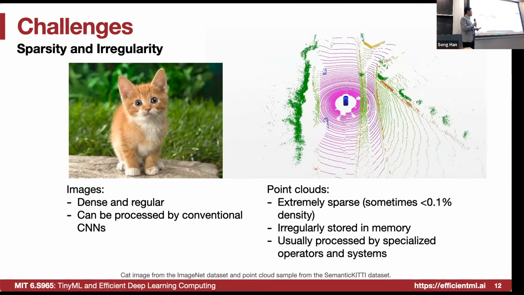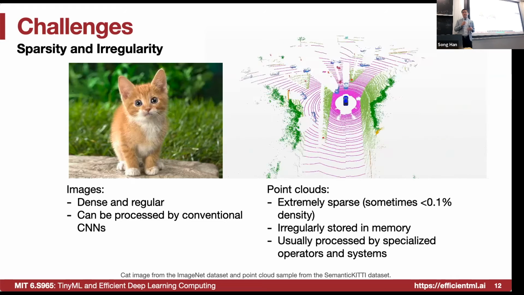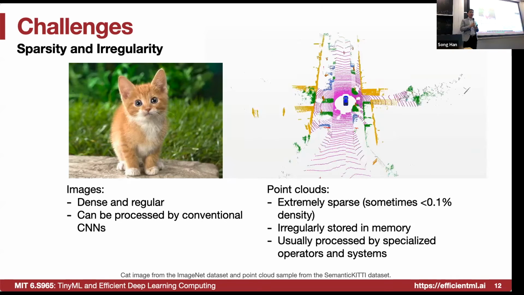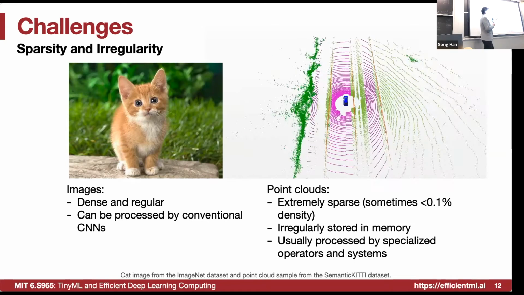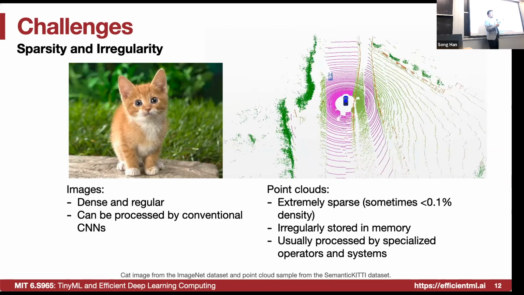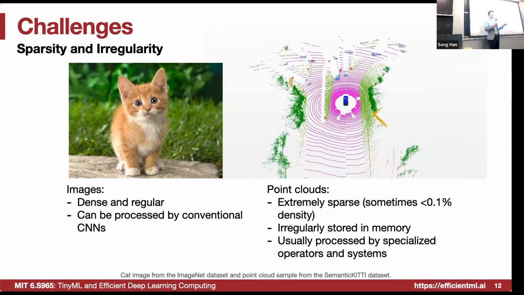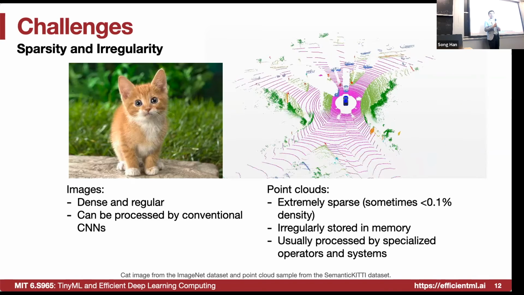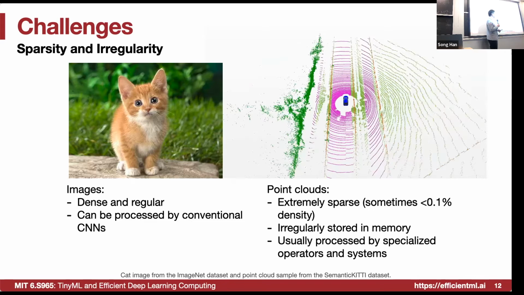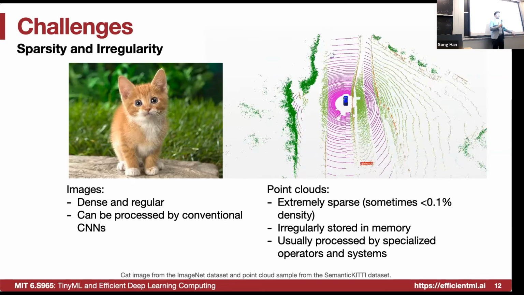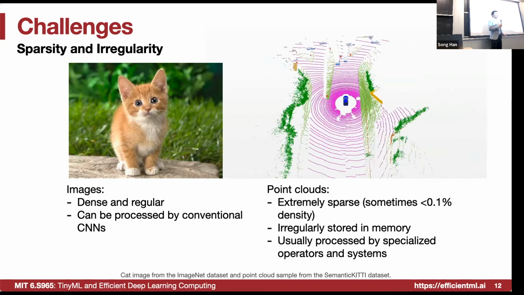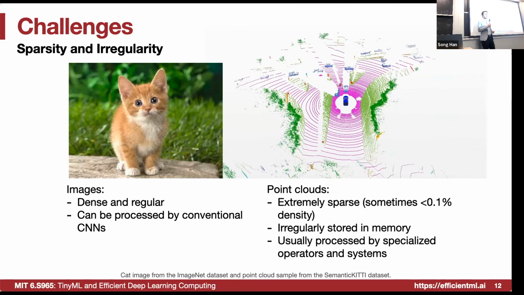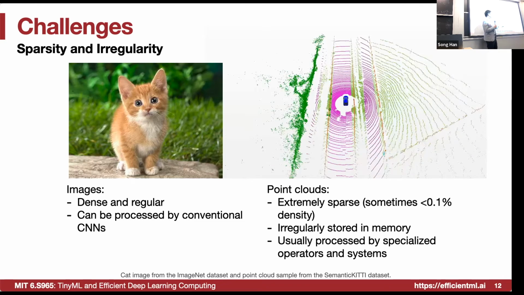So it's dense and regular and can be processed by the CNNs that we have introduced so far. Unlike images, point cloud is extremely sparse, since not every location is occupied by objects. Okay? Sometimes the density is less than 0.1%, very sparse.